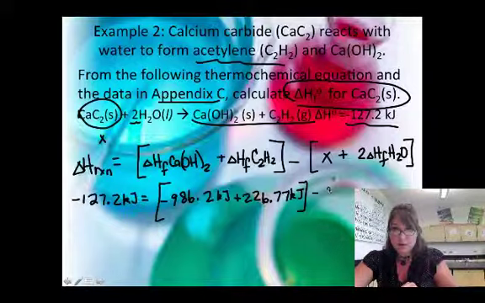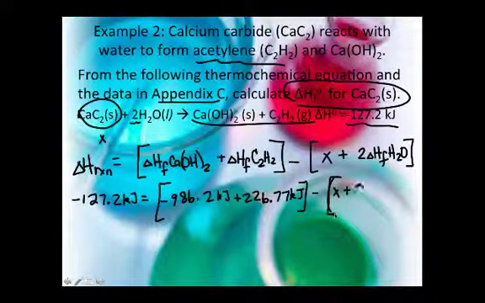Okay, minus X plus 2 times the heat of formation for water, and in this case I want liquid water. So you'll have to look under the oxygen section to find water. And liquid water is negative 285.83 kilojoules. Had to squish that one in.